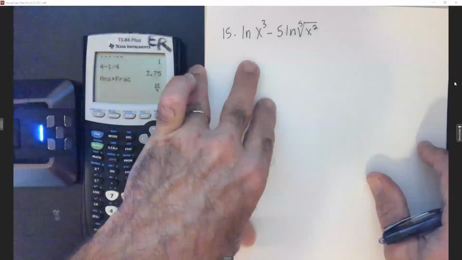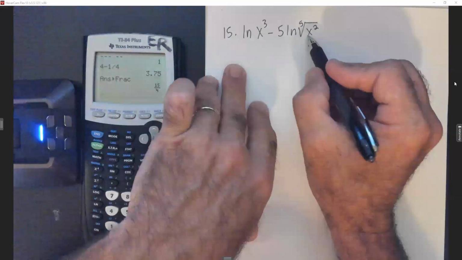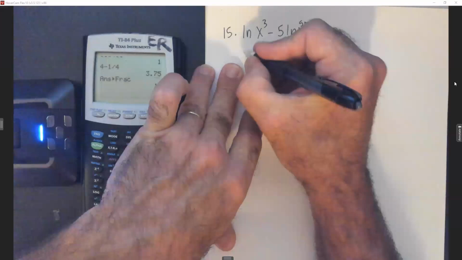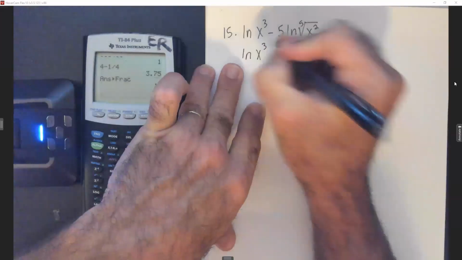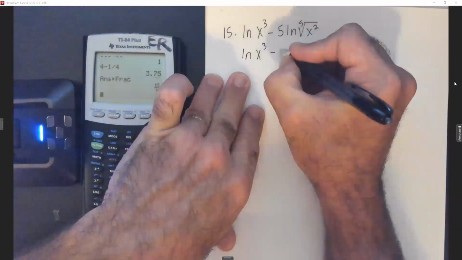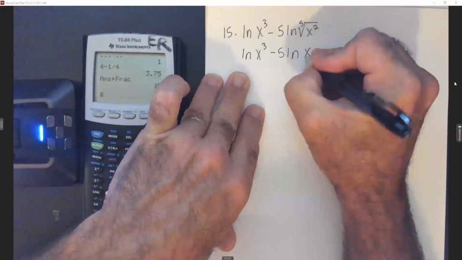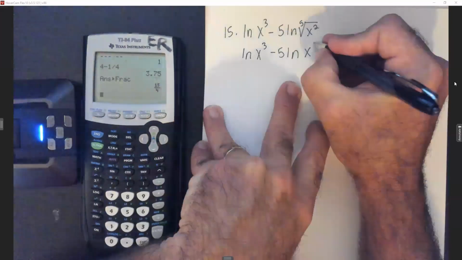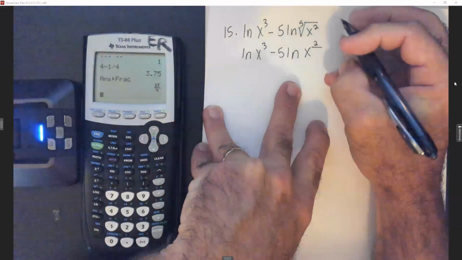All right, so first thing we'll do is get rid of this here radical. So I'm going to bring down my ln x to the 3rd minus 5 ln x. So you do got an exponent by the x this time. So that exponent will go to the top of the fraction, and the index of the radical will go to the bottom.